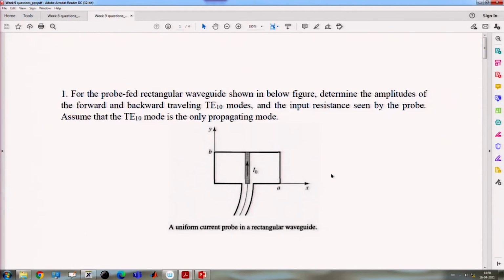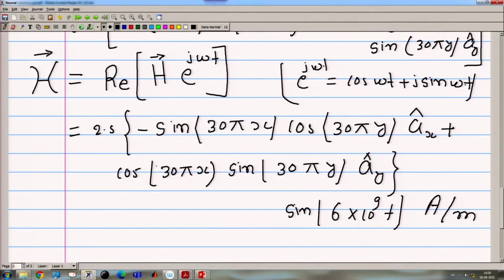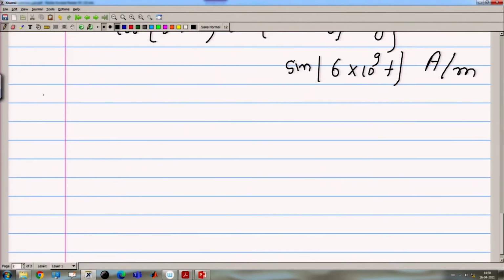So, first we have to find out the amplitude of the forward and backward travelling TE10 mode. So, here is the waveguide, with x and y axes.